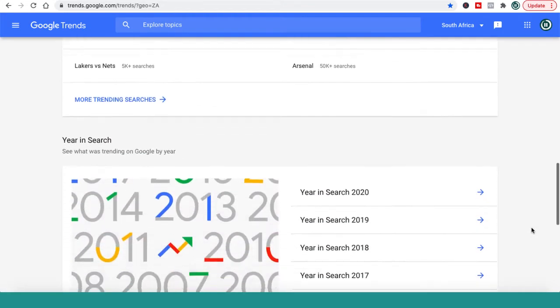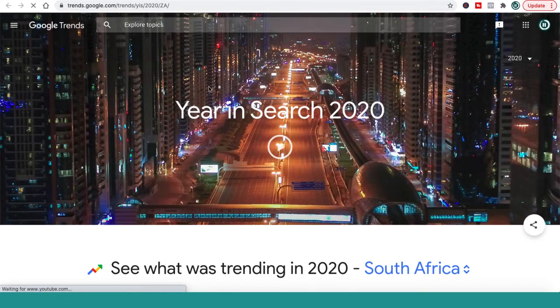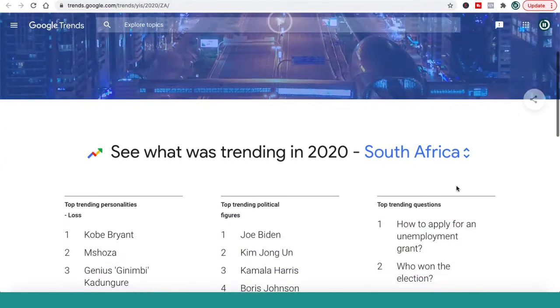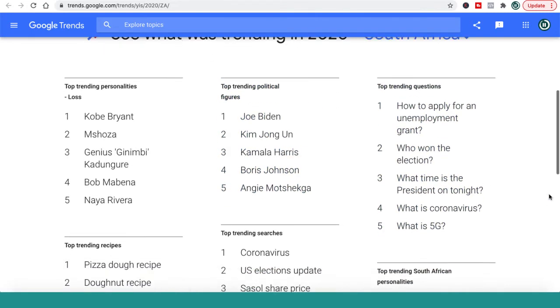But what's really nice is that they've got the trending searches across the different years. If we go to 2020, which was obviously a year that we all remember, we can see what was trending across different personalities, political figures, and what questions people were asking. And here it's all about the coronavirus and how to apply for an unemployment grant.